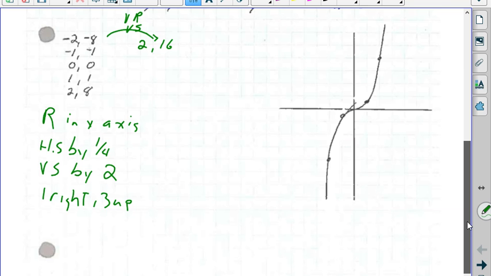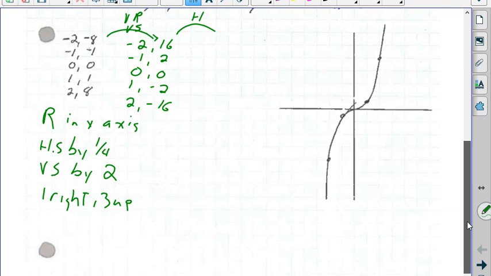Change the sign, multiply by 2. Sorry, negative 2. Negative 1, positive 2. 0, 0 stays the same. We have 1, negative 2, and 2, negative 16. So I'm multiplying by negative 2 is essentially what I'm doing.